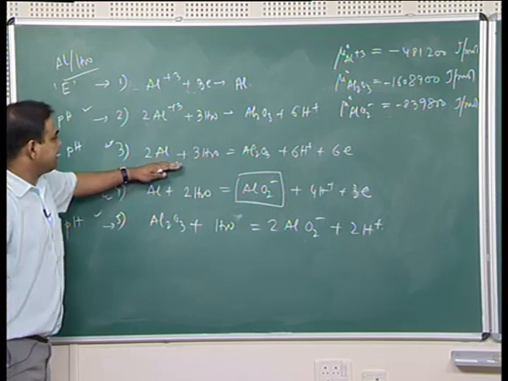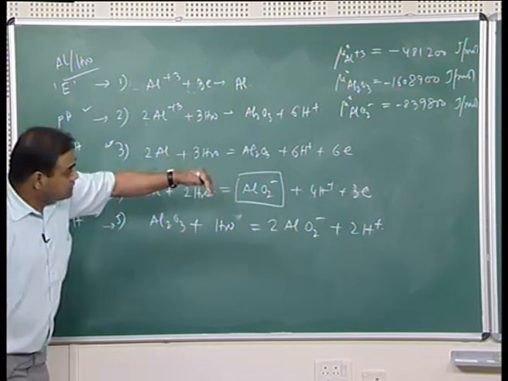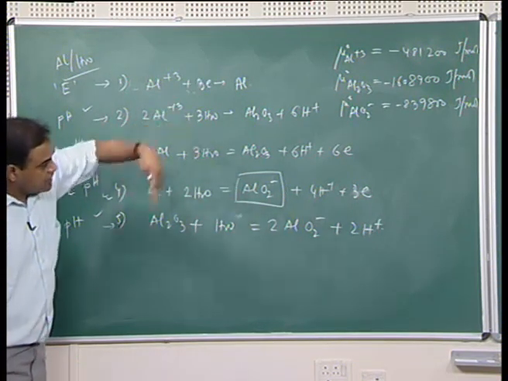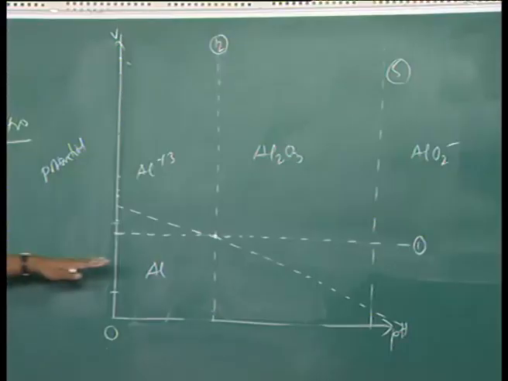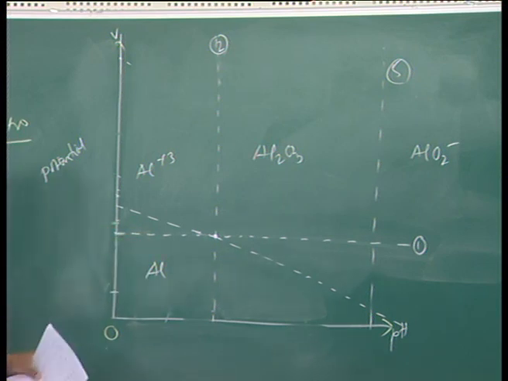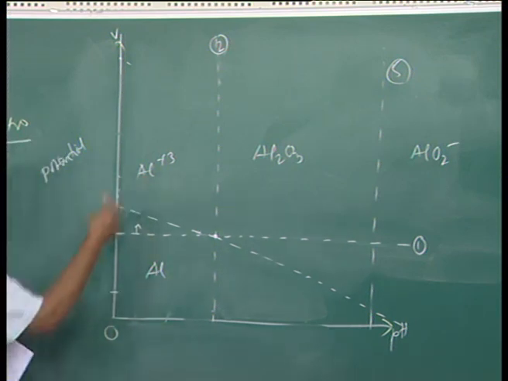Now, again you can see that below that slope line would be aluminum, because we already know that this region would be aluminum, and beyond this line would be Al2O3. Now, the zone above this line would be Al plus 3.